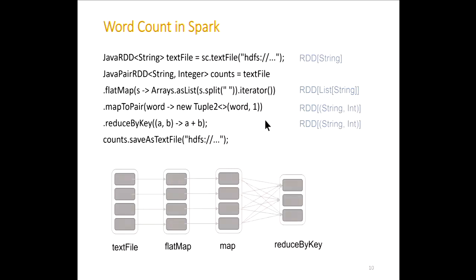But when I reach the level of reduce by key, I need to get information from different partitions. I need to know, for the word car, how many times it's mentioned. So I need to get the information from more than one partition, and hence it is a wide transformation.